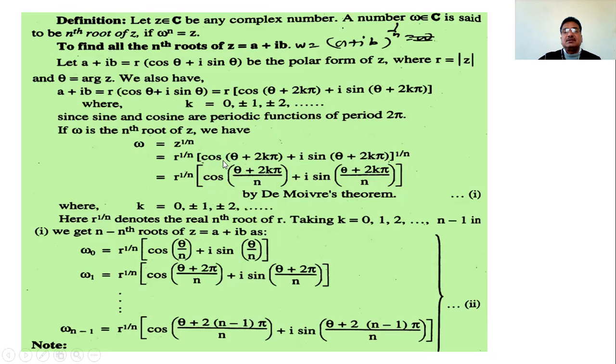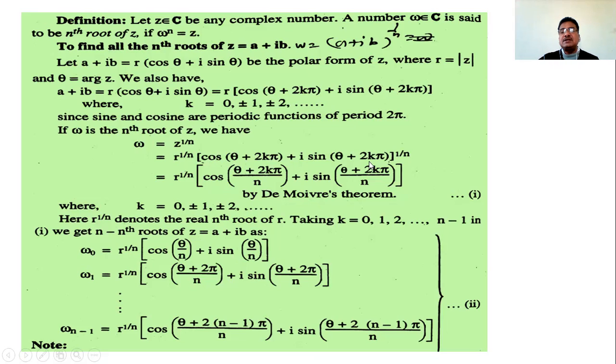Cos theta plus I sin theta, R raised to 1 by N cos theta plus 2k pi plus I sin theta plus 2k pi, this value raised to 1 by N. And then by using De-Moivre's theorem, what is De-Moivre's theorem?